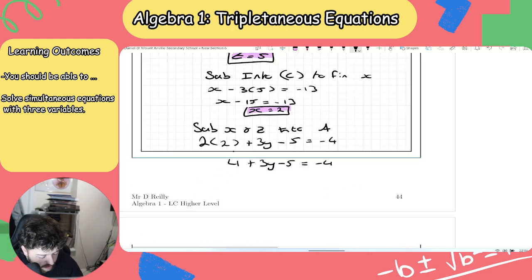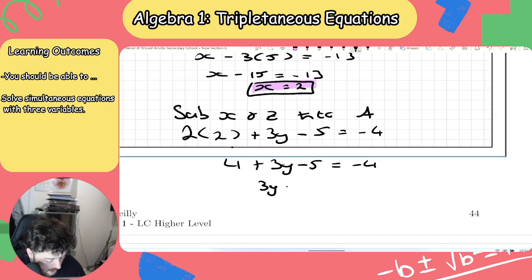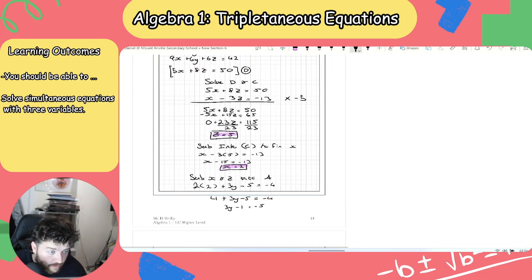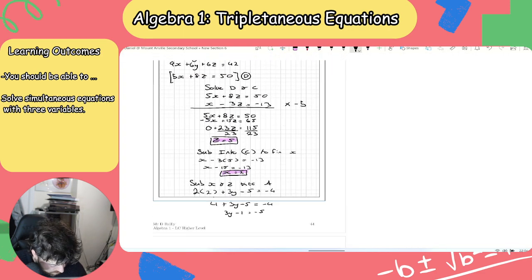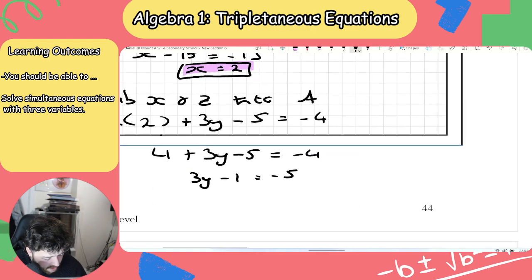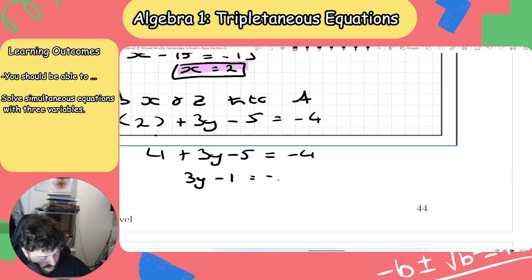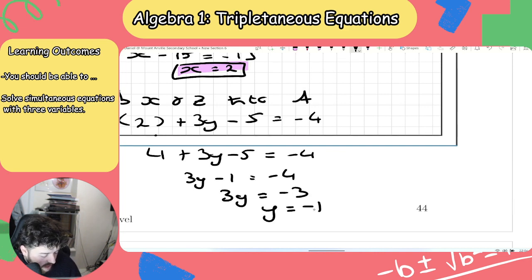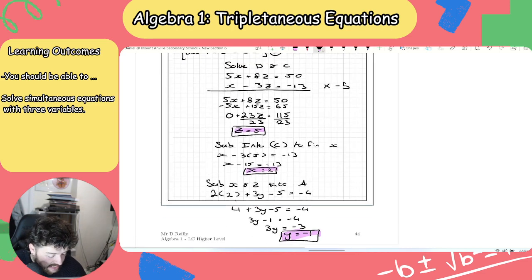So I have 3y minus 1 is equal to, oh sorry, minus 4. This is minus 4 on the right hand side. We're going to have 3y is equal to minus 3. Y is equal to minus 1. And there you go. I've solved for x, y, and z.